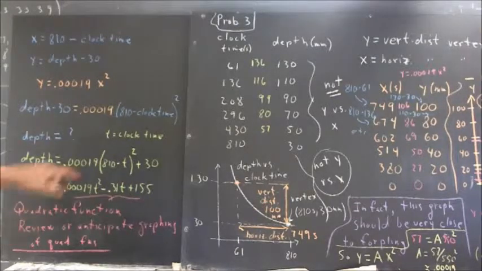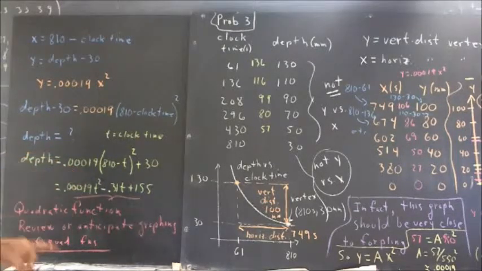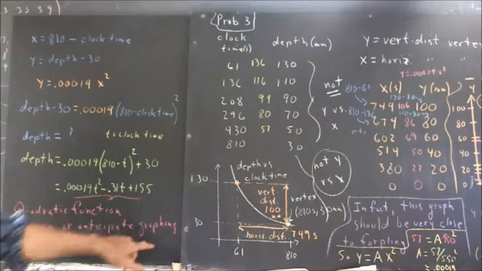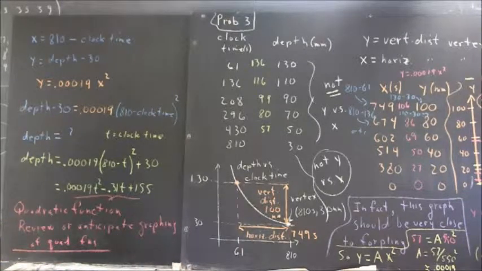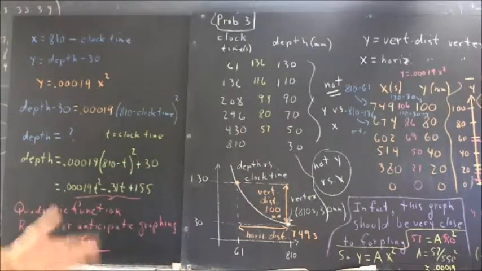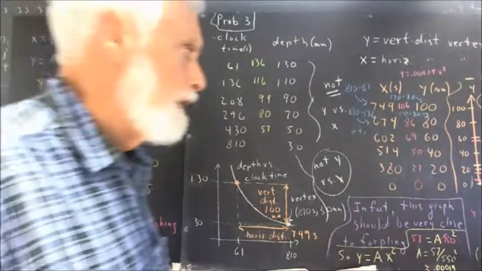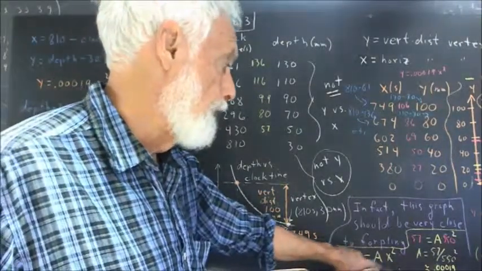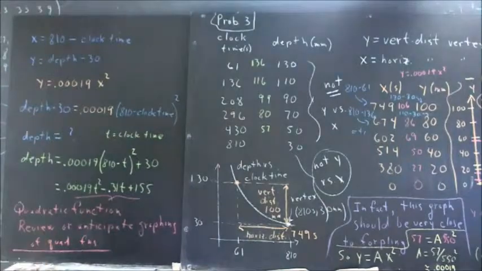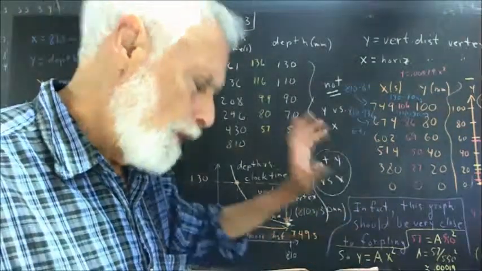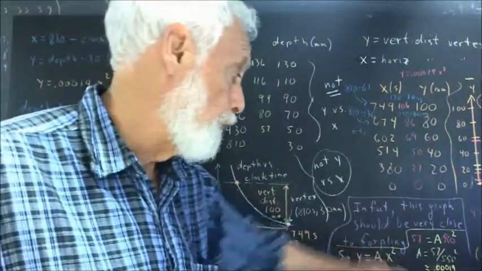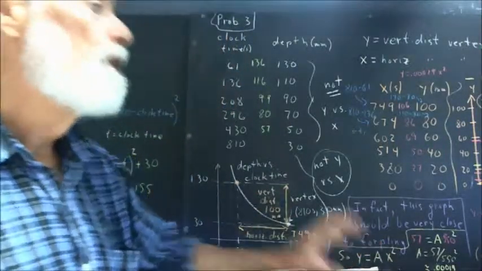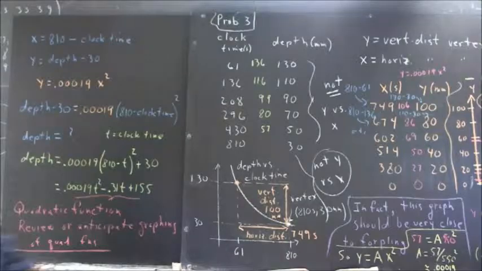Now, I'll mention that this is a quadratic function, and you should review or anticipate how you graph quadratic functions. You complete the square, you identify the vertex, etc. I'll observe also that the y equals ax squared function is also a quadratic function, and any quadratic function can be put into this form by a suitable set of transformations.